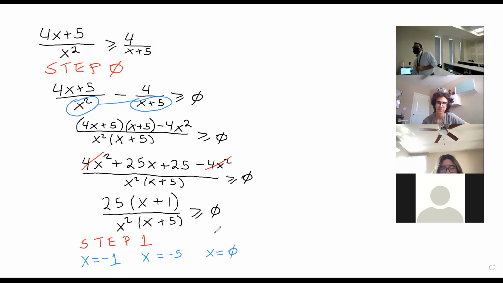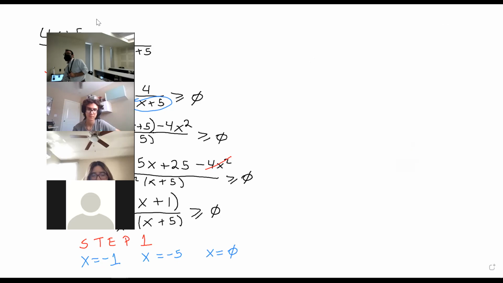And if you remember step 2, we're going to establish the intervals. Step 2 is going to be to establish the intervals here. So help me out. Do you know how the intervals would be here, Andres? Well, I'm analyzing it.